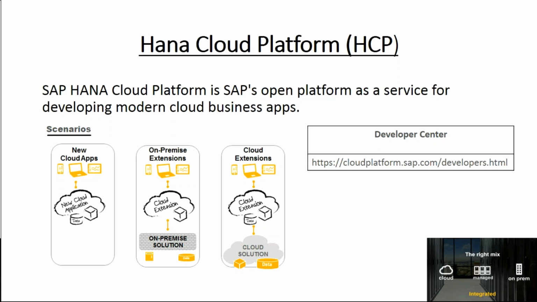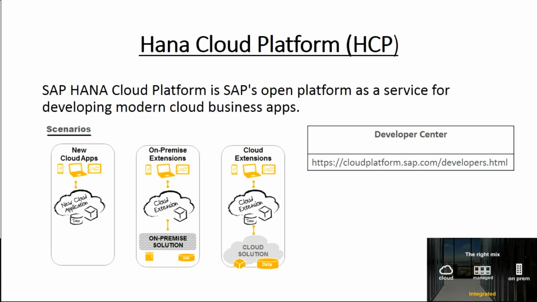It is already provided with the Fiori application, but I'm just giving an example. So you can create an extension of your on-premises system. You can view those sales orders directly on your mobile application or your web application. Or you can create the cloud extension.